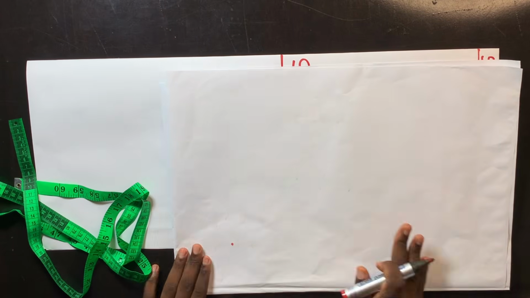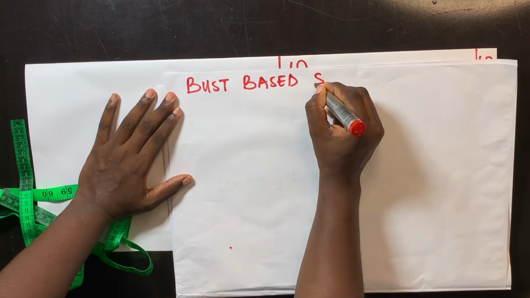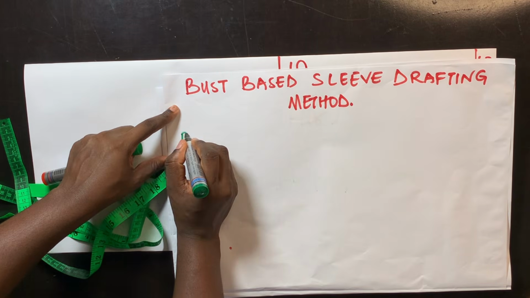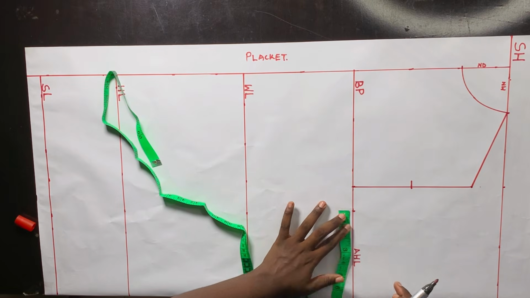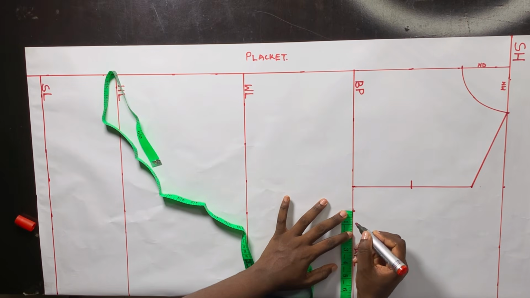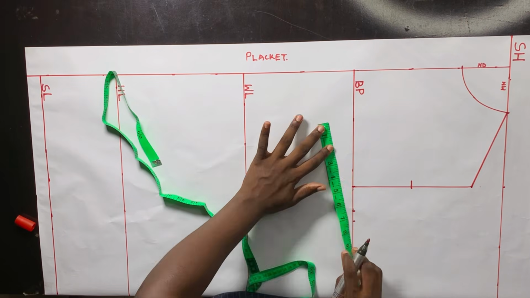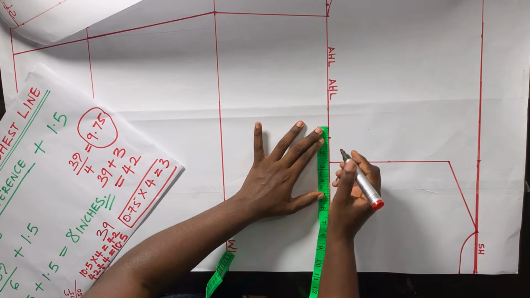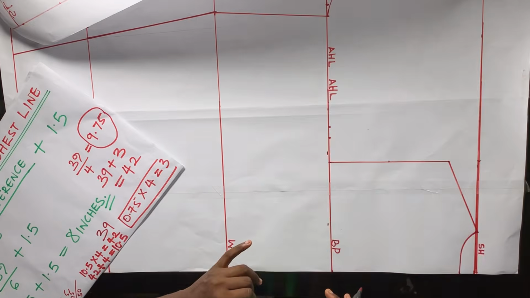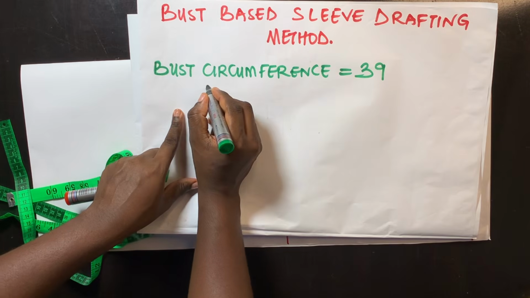We'll be drafting our sleeve using the bust based sleeve drafting method. Now, my actual bust circumference measurement is 39 inches. But remember, when we were drafting the shirt, we added ease to the armhole. We added 0.75 inches of ease to the front and 0.75 inches of ease to the back. So at this point, I'm going to go ahead and write out the ease.